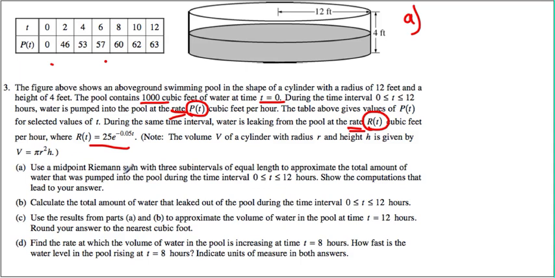Use the midpoint Riemann sum with 3 subintervals of equal length to approximate the total amount of water that was pumped into the pool. Now that means we just have to integrate this one. So basically for 0 through 12, we want to integrate P of t dt, but we are using the midpoint Riemann sum.